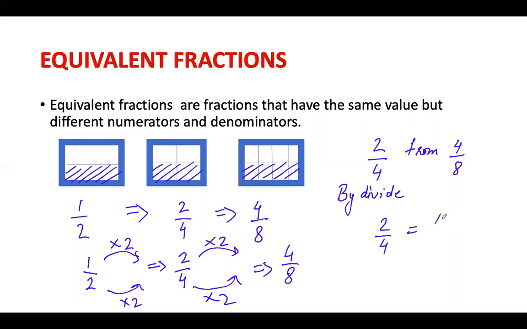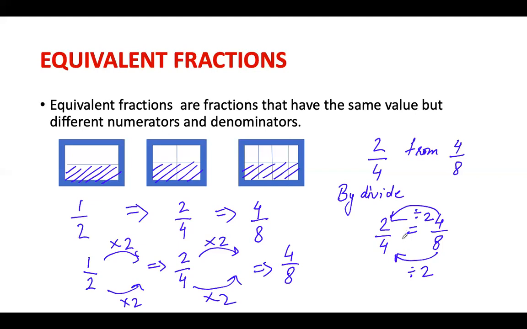Let us see. When we divide both the numerator and the denominator by 2, we get 2 over 4. So I hope you understand. We divide both the numerator and the denominator by the same number.